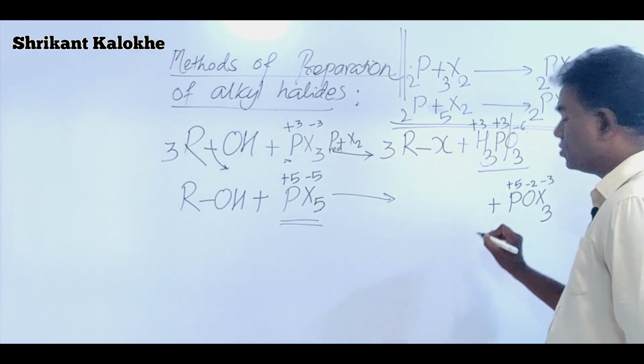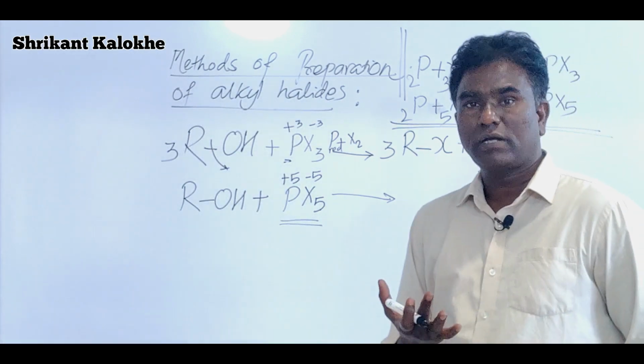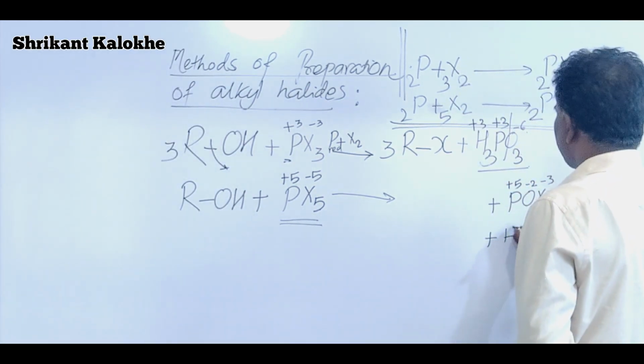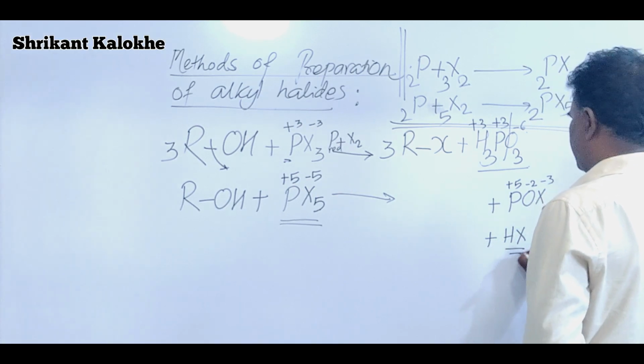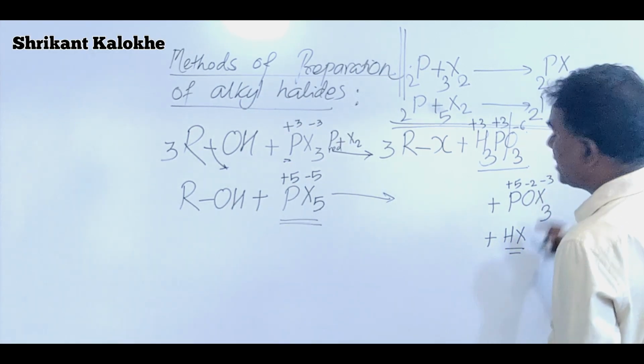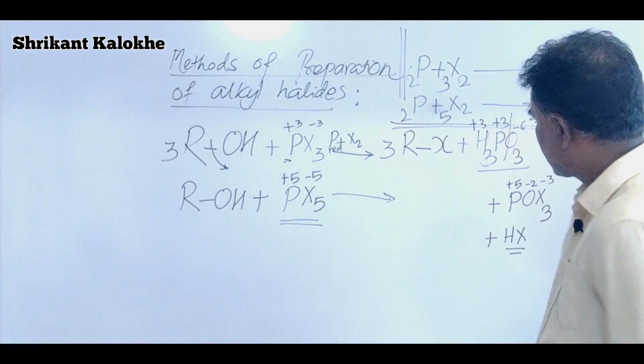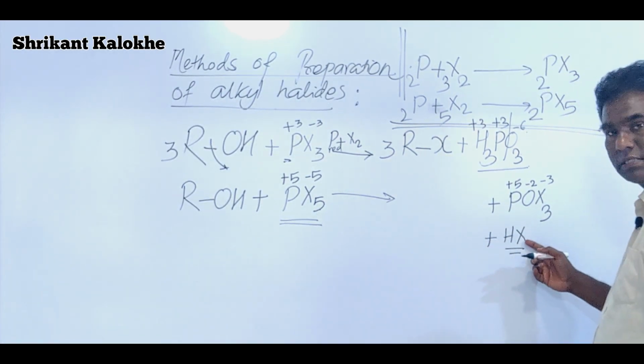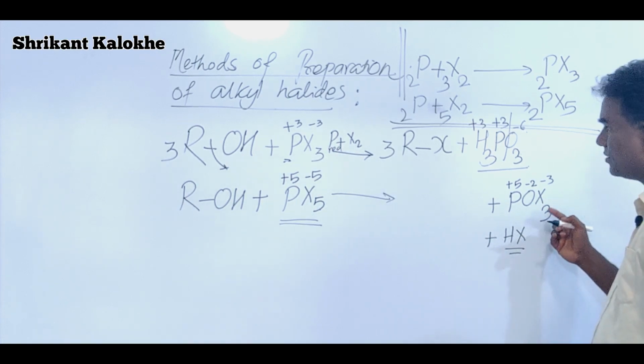With that there is also one more side product which evolves during the course of this reaction, and that is the simple halo acid, HX. Because of these side products, we can count the number of halogens in the side products. Here is one halogen, here are 3 halogens.